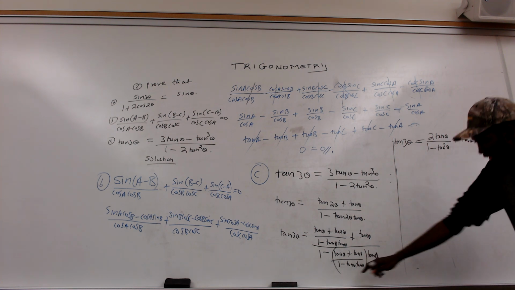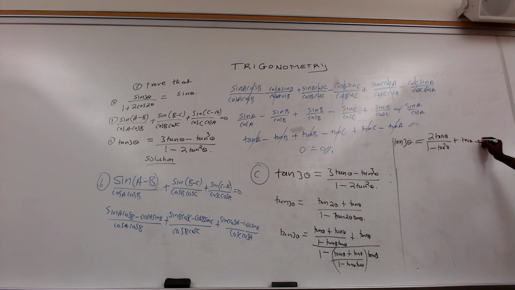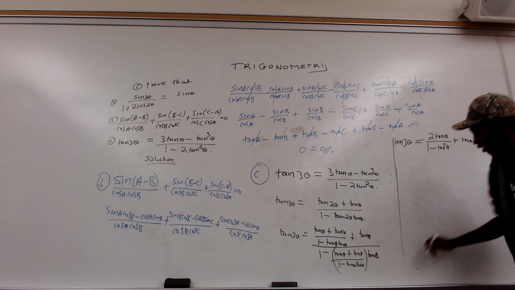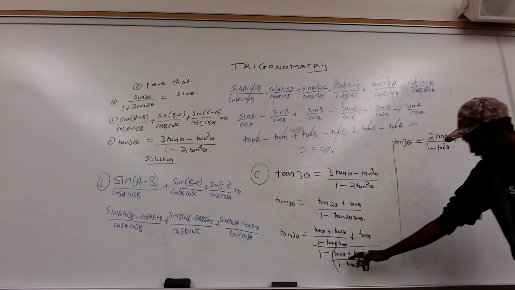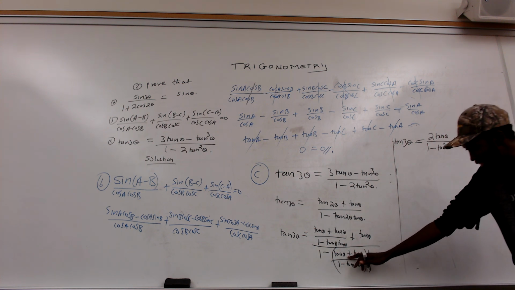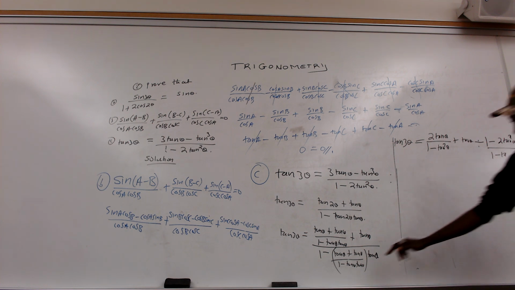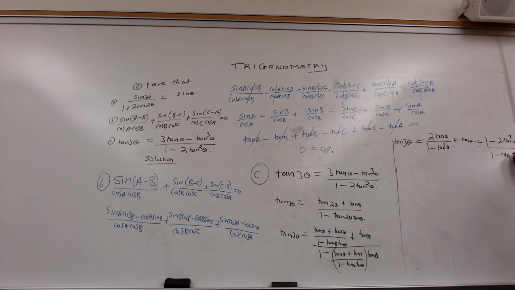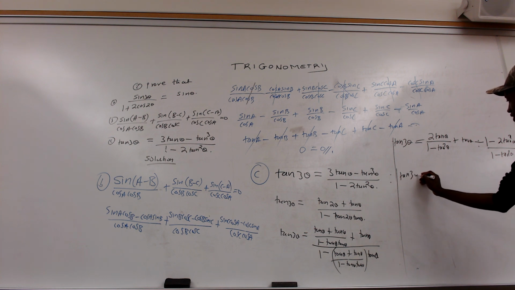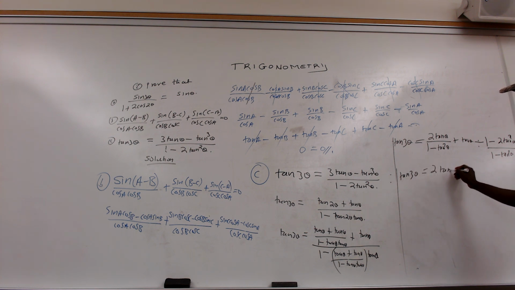We consider again the denominator: 1 minus, tan theta plus tan theta gives 2 tan theta, 2 tan theta times tan theta gives 2 tan square theta, divided by 1 minus. If we multiply again, tan theta times tan theta gives tan square theta.